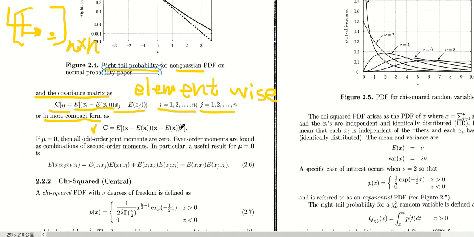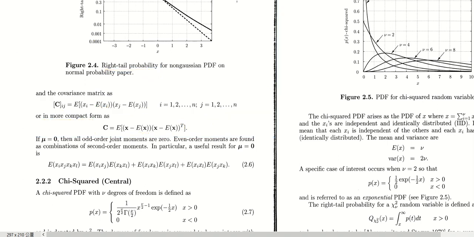Or in a more compact form as this: you expect x minus expect x, times x minus expect x, transpose. Notice that when it comes to vector, I always like to do a visualization of what it looks like. Let me make a correction. As I say, this is a column vector. This has been transposed, so it is a row vector.